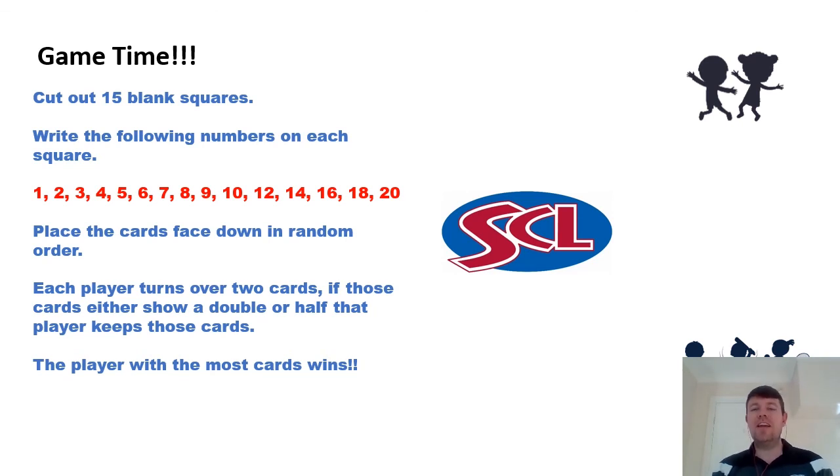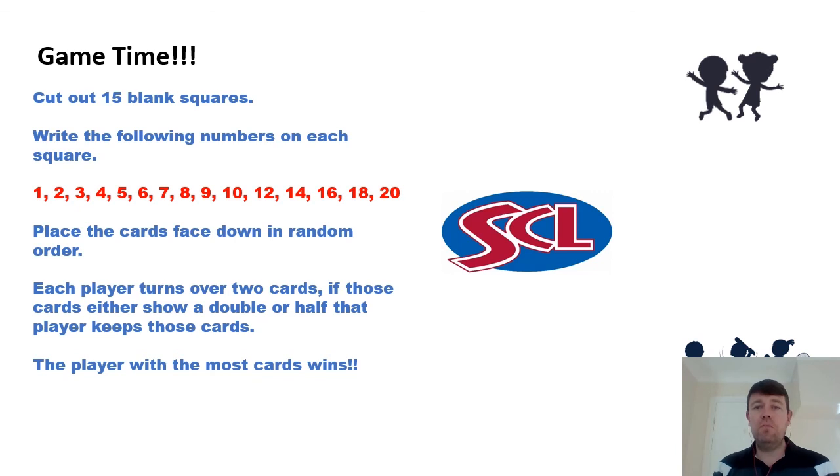So this is like a game of pairs. So then once you've written all the numbers, you're going to place the cards face down in random order. That means you can't see the numbers. So you're going to put them down, you're going to mix them all up so you don't know which number is where. And then each player takes a turn to turn over 2 cards at a time.